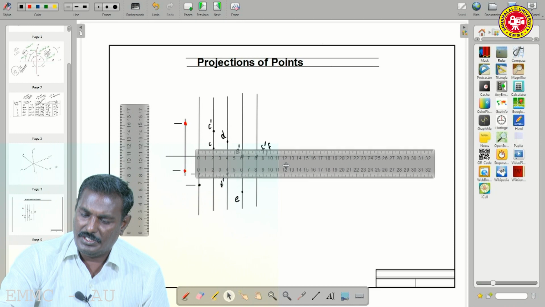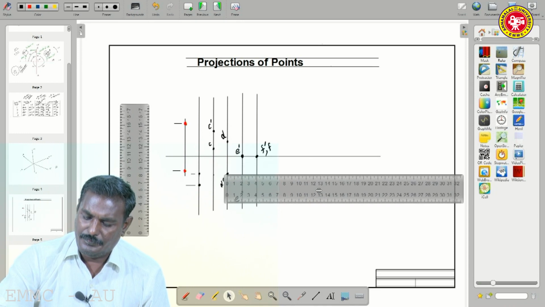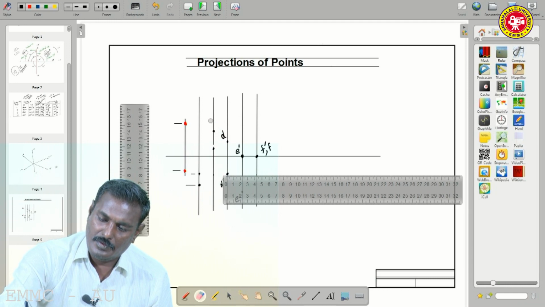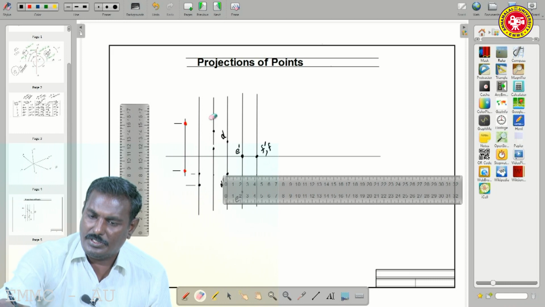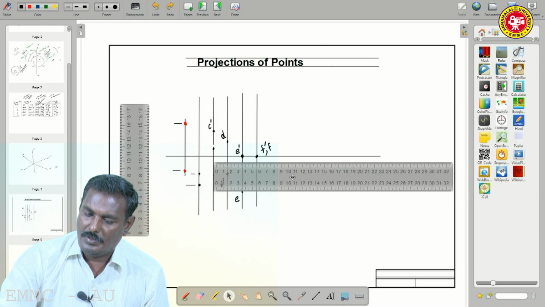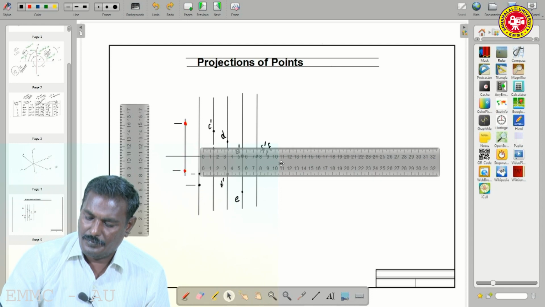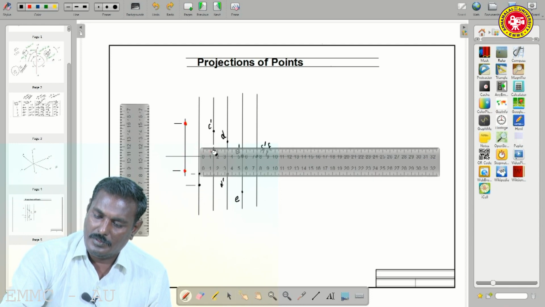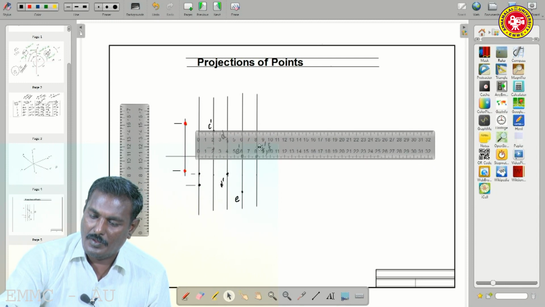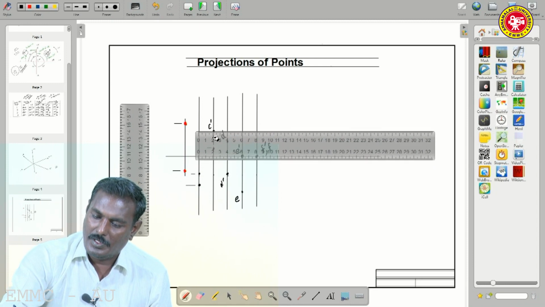Then you take here, here also. Try to erase this. I think that is not required. Draw extension line.